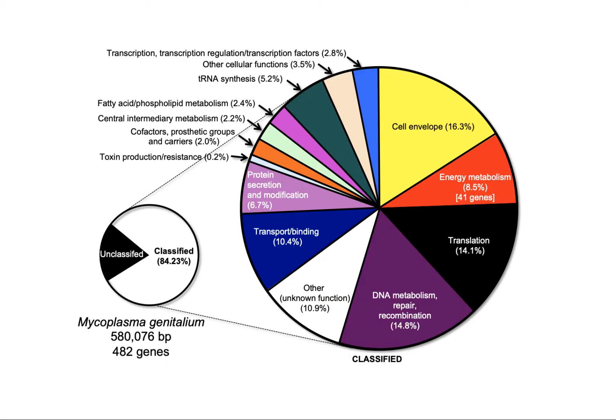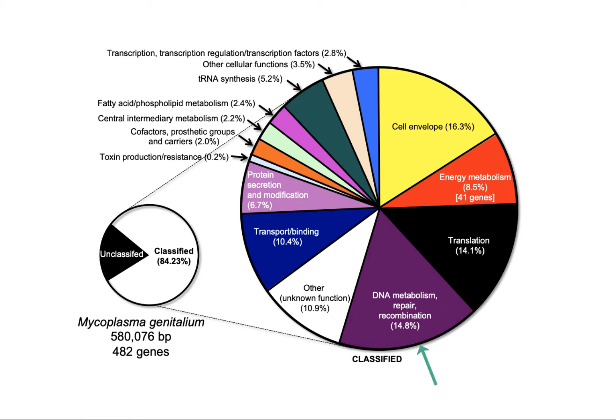So here's a pie chart of the gene categories that it contains. So it still maintains some genes for creating a cell envelope, that is the cell membrane and some of the proteins for integration into the membrane. Energy metabolism is rudimentary.